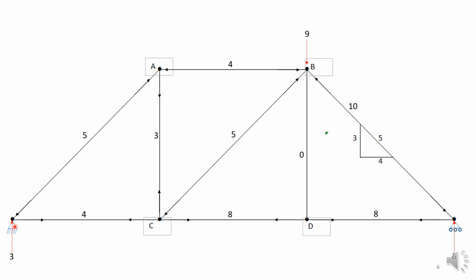And you can verify that the equilibrium is achieved at this left-hand joint also. So what we've done here is, given the external balanced set of forces, we have found all of the forces in the members of this truss. So this is what is called a determinate truss.